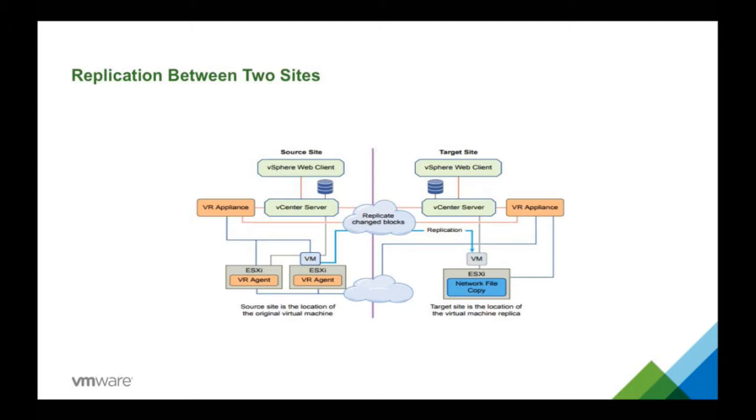But when you have a small office with 20 or 30 VMs, sometimes they don't want to spend the money to get all those appliances. So what it does is basically replicate the VM from one side to the other. The other good news is that if you have SRM, this is integrated with SRM as well, so you can automate failover from one data center to the other.